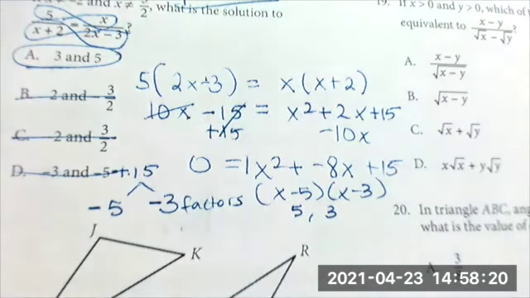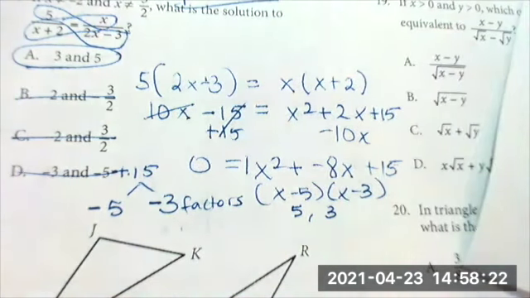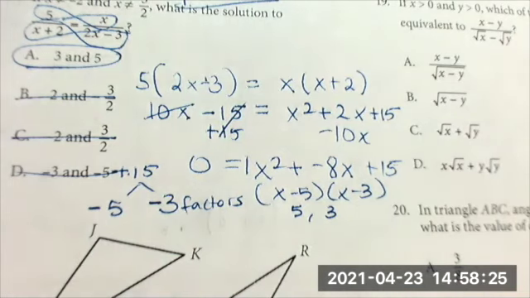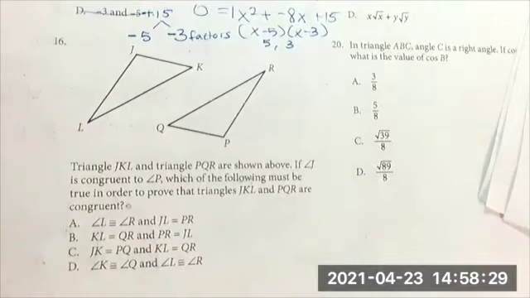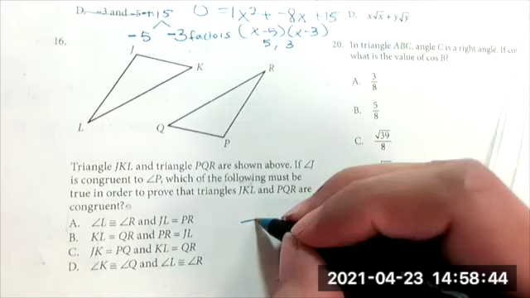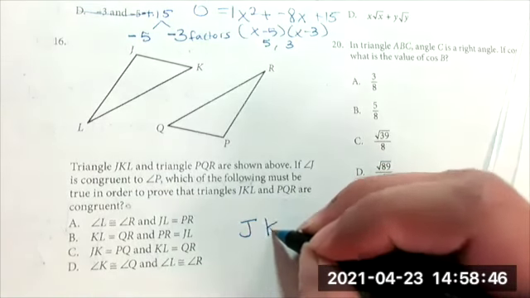All right. Number 16. Number 16, it says triangle JKL and triangle PQR are congruent. J is congruent to P. Which of the following must be true? So this is what I like to do for these.